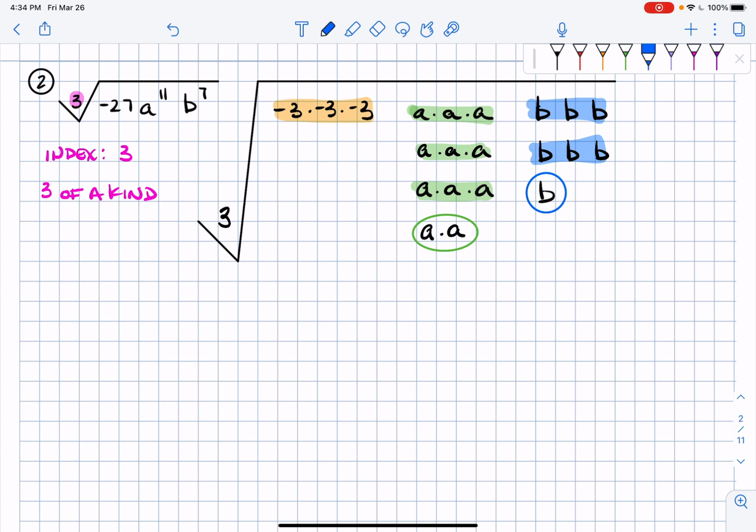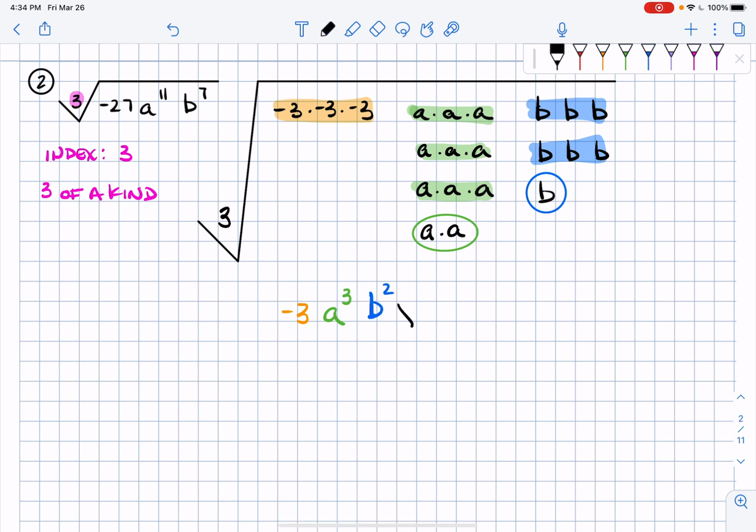So looks like I have some that's going to be staying inside because they're not complete groups of 3, right? So what comes out? Well, the negative 3 comes out. How many groups of A's comes out? 3 of them, so A to the third. How many groups of B comes out? 2 of them, so B squared.